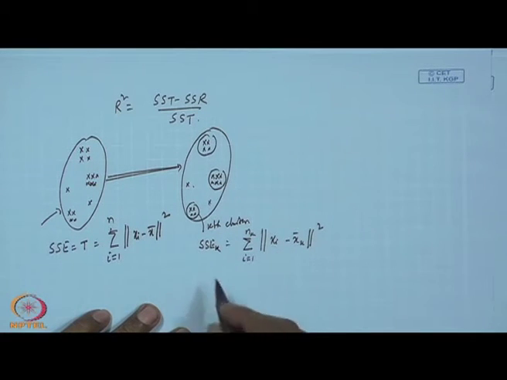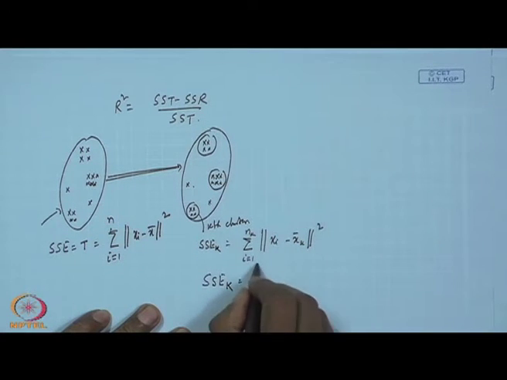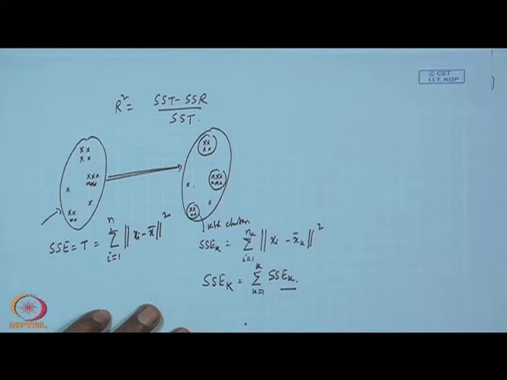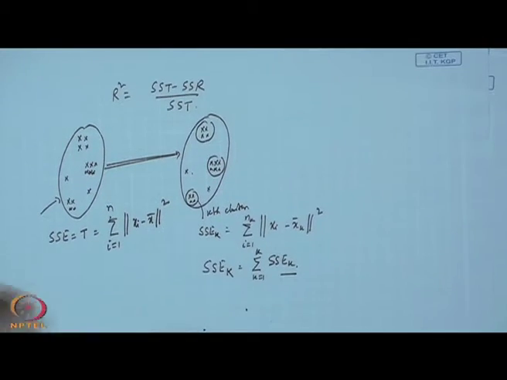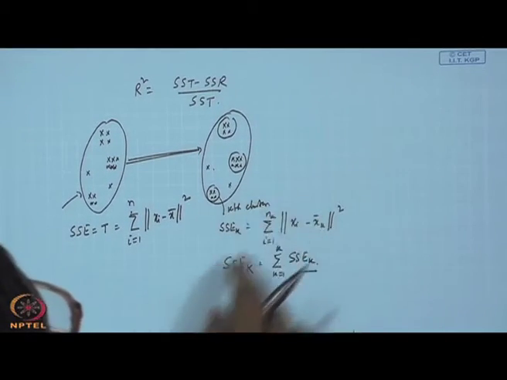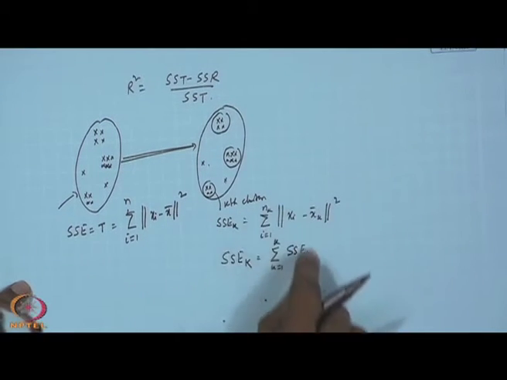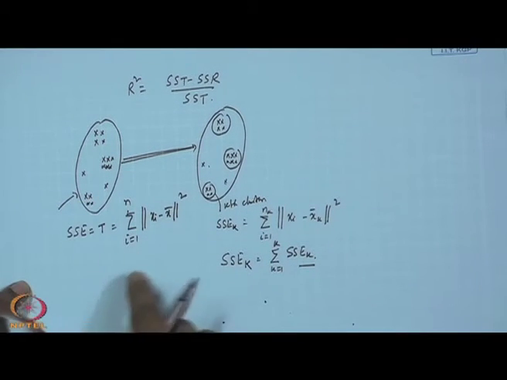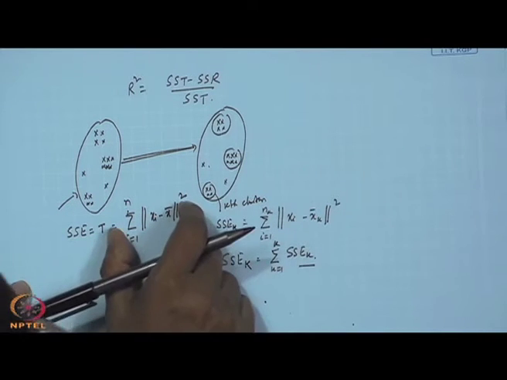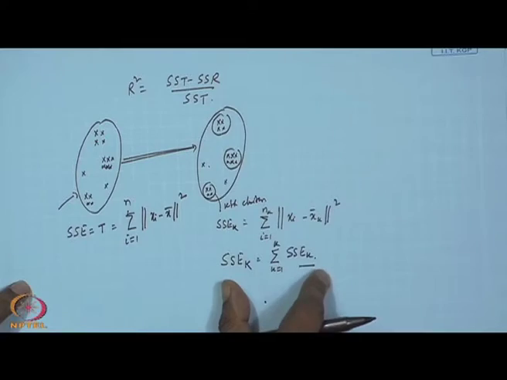As there are k clusters, ultimately if I say the total SSE, capital K, then this will be the sum over k equal to 1 to capital K of SSE small k. As you have created k clusters, from 1 to k, this will reduce, going from this one to this one.